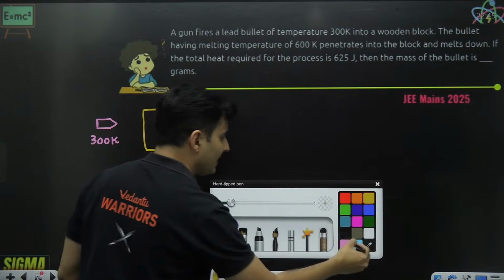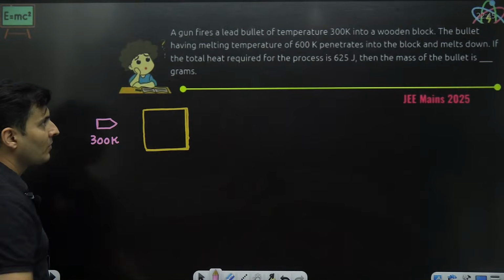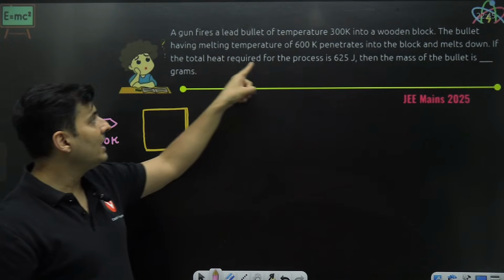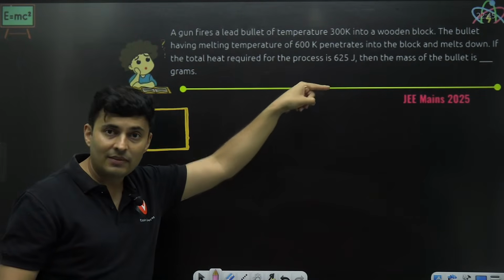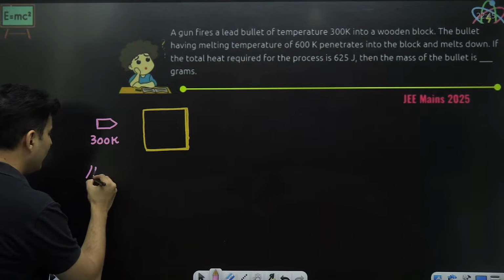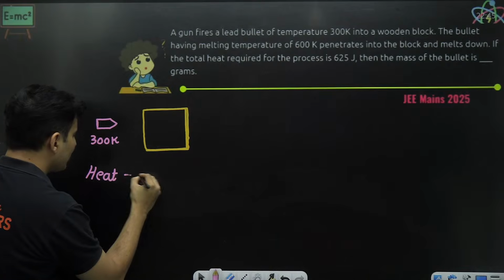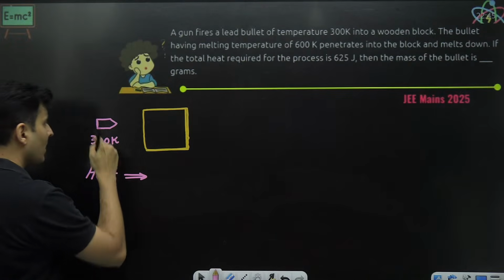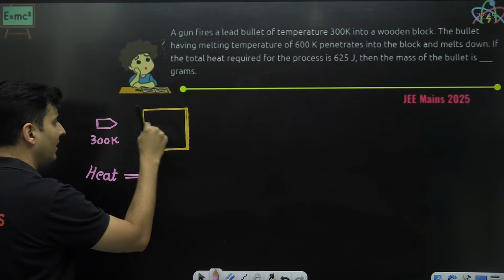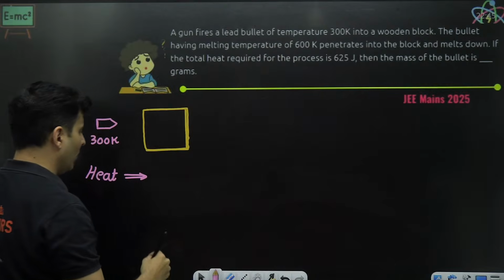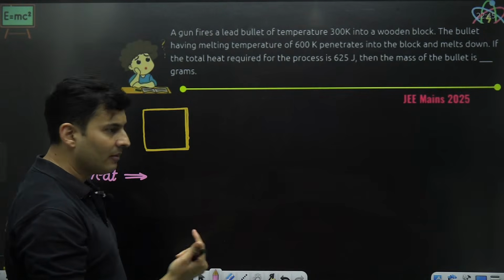Meaning, once that bullet enters, all that heat, which is 625 joules, goes into taking the bullet from 300 Kelvin to its melting point, because it won't melt at 300 Kelvin.